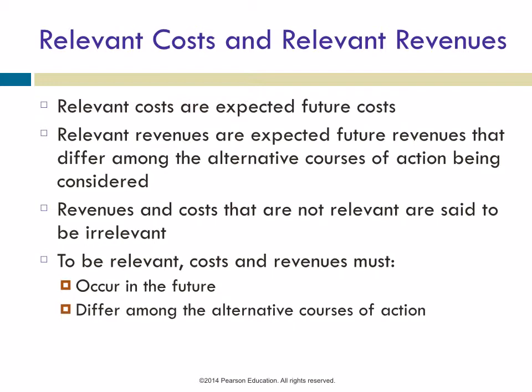So obviously, if you're looking at 3 different courses of action, and all of the revenues and costs associated with those courses of action are the same, except for maybe 2 costs or 2 areas of cost and a small amount of revenue.